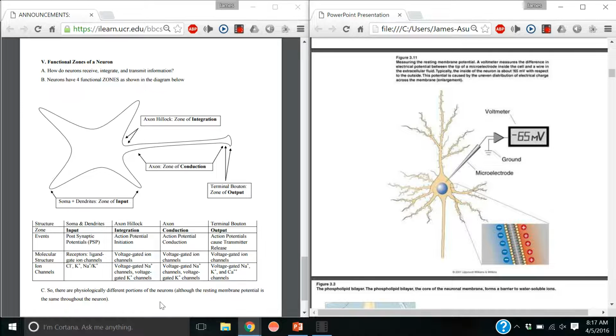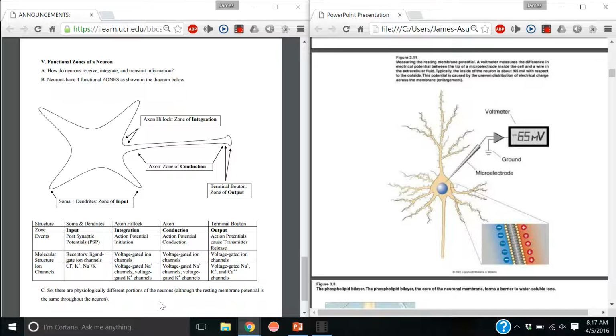Here you see that you have voltage-gated ion channels, in contrast to the soma and dendrites, where you have receptors, ligand-gated ion channels. Okay? However, you have different kinds of voltage-gated channels in the axon hillock and the axon as compared to the bouton.